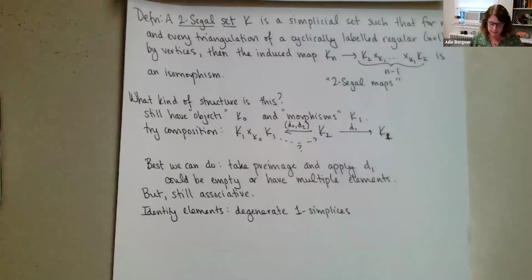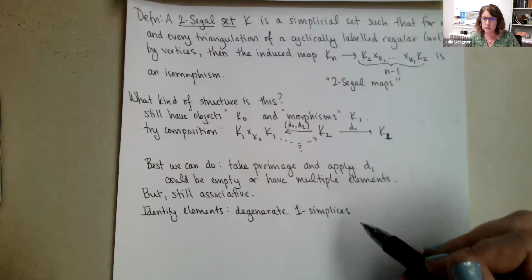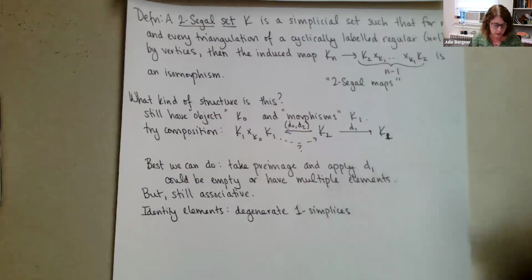The fact that they behave like identities, that they compose the way you think they should, if you're 1-Segal, follows from the simplicial identities with the 1-Segal conditions. Here, it was not so clear.